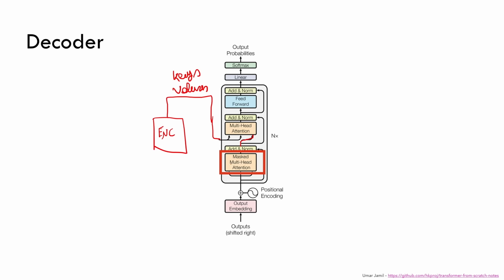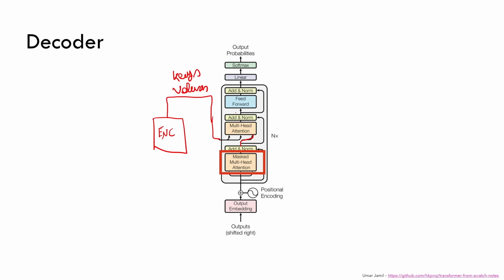And the masked multi-head attention is a self-attention of the input sentence of the decoder. So we take the input sentence of the decoder, we transform it into embeddings, we add the positional encoding, we give it to this multi-head attention in which the query, key and values are the same input sequence. We do the add and norm. Then we send this as the queries of the multi-head attention, while the keys and the values are coming from the encoder.